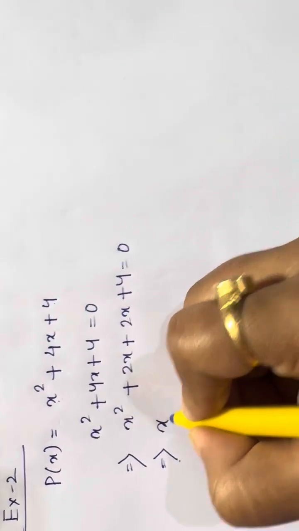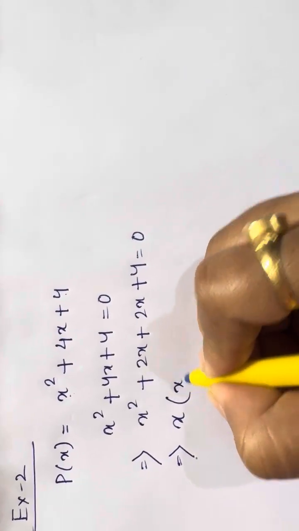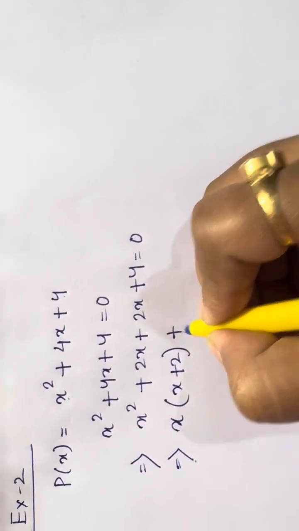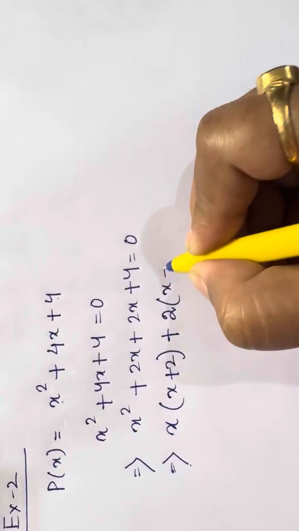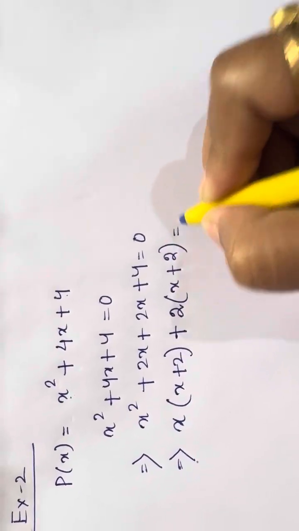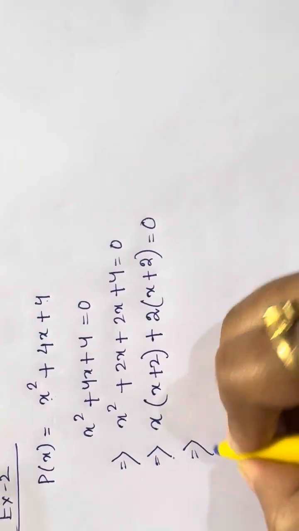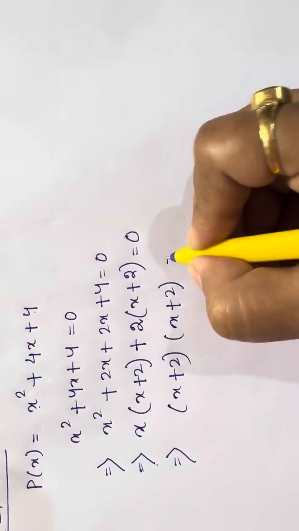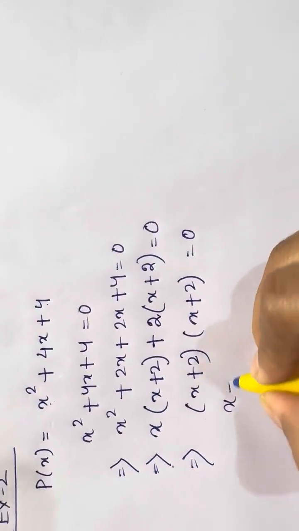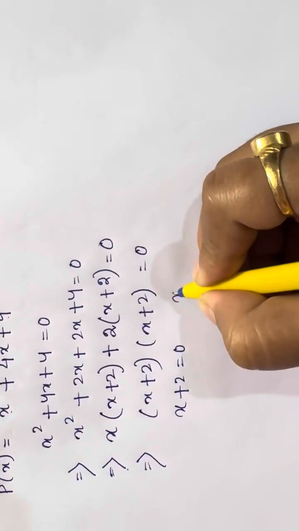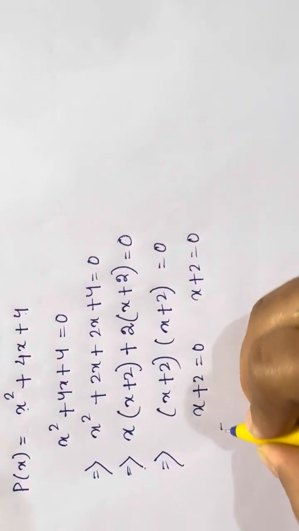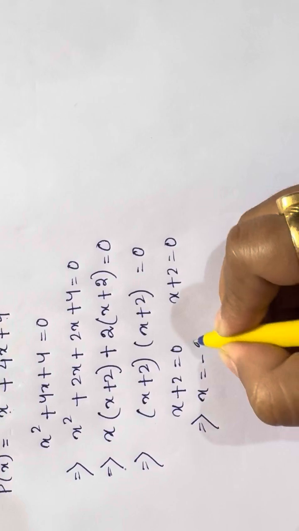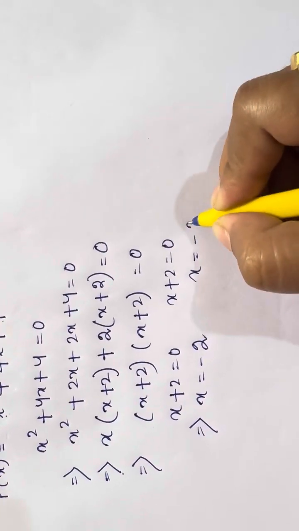Let's take x as common, so it will be x plus 2. Again let's take 2 as common, so again it will be x plus 2, equal to 0. So (x plus 2) into (x plus 2) is equal to 0. Here x plus 2 equal to 0 and again x plus 2 is equal to 0. So x is equal to minus 2, and again you are getting minus 2.